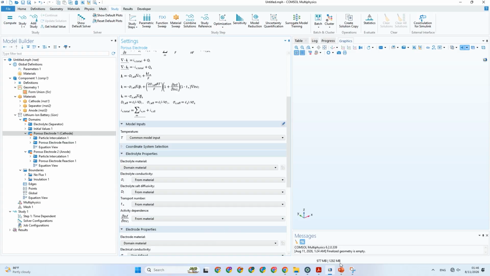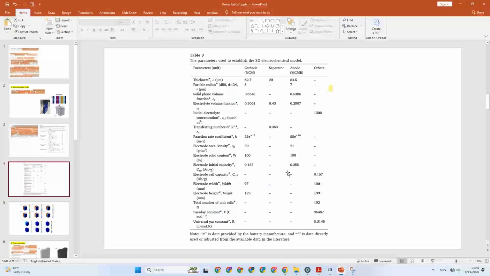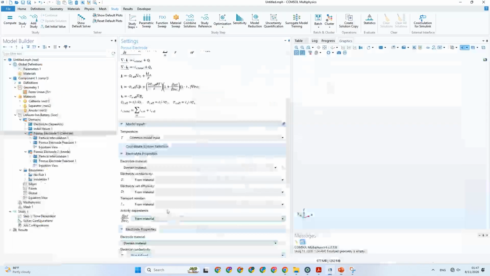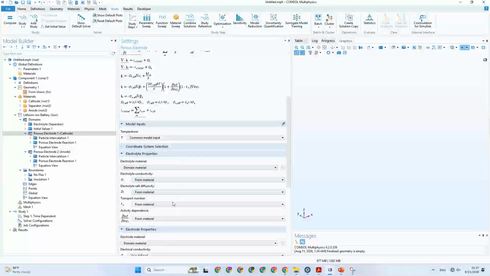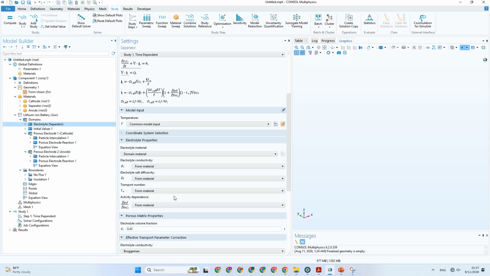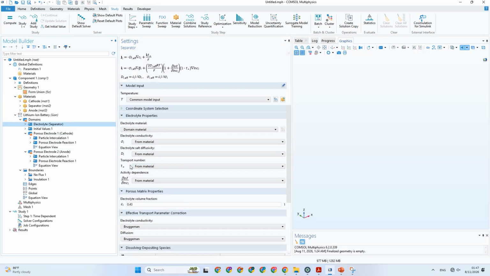Here we can see this is 0.36 just for separator. Let me see that. But we have it for the electrode porous material also. Let me check. And also we have it for electrolyte. It's so weird.